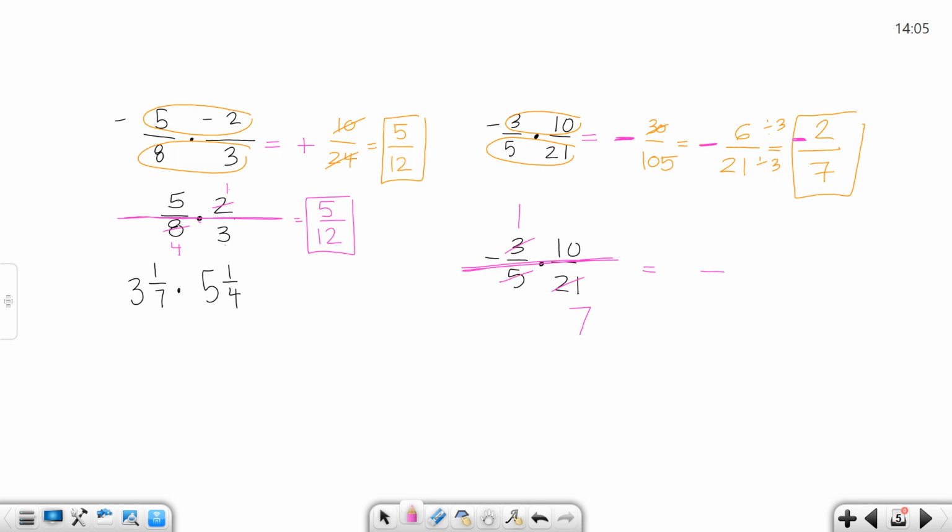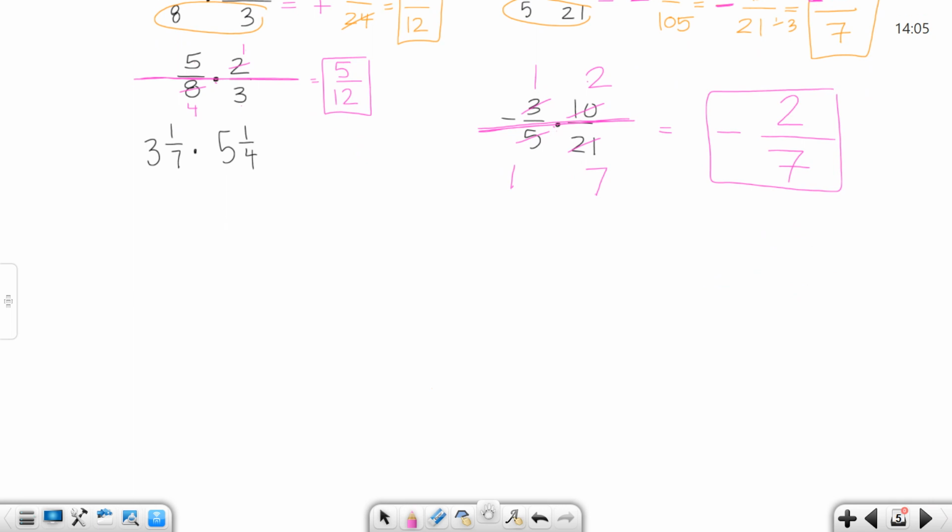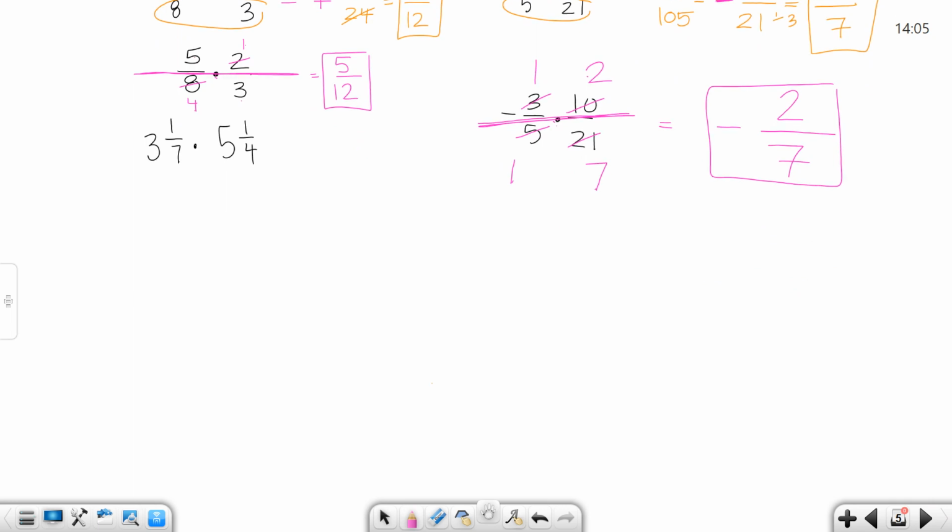So 5 goes into 5 one time, and 5 goes into 10 2 times. So now what I have left on the top is 1 times 2, and what I have left on the bottom is 1 times 7, and that is my answer. So watch your signs.